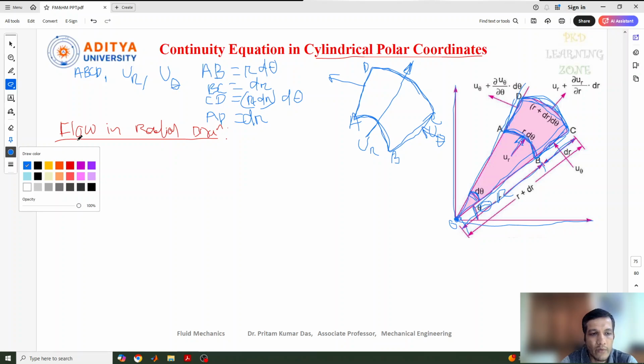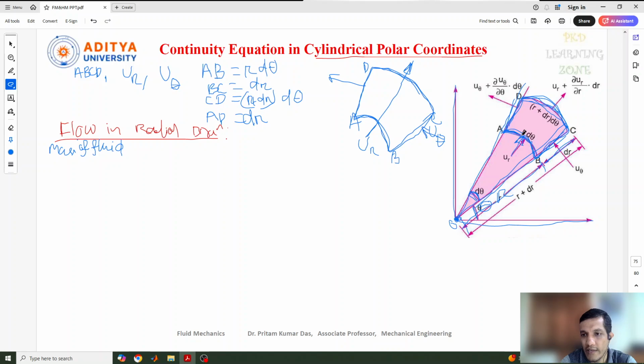To calculate this, first we need to identify the mass of fluid entering at the AB side, per unit time.